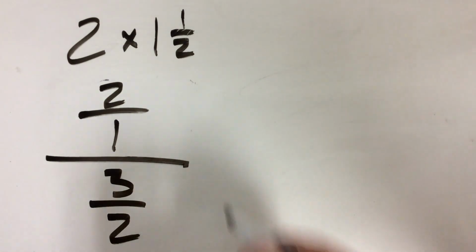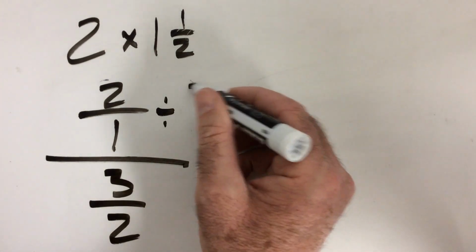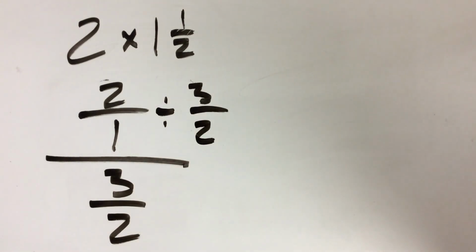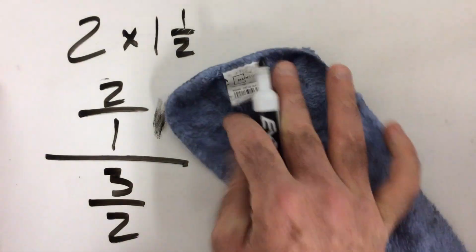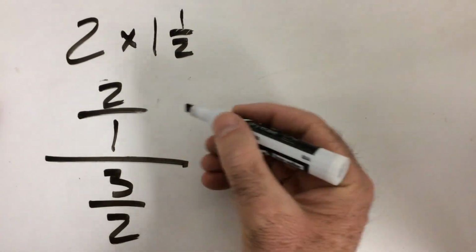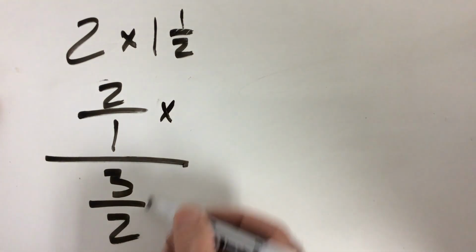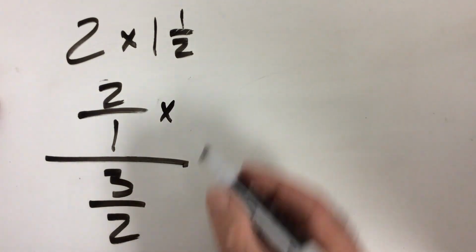You might have seen it written like this, divided by 3/2. But either way, remember we're going to keep the 2/1. We're going to change the sign from division to multiplication, and we're just going to flip this.